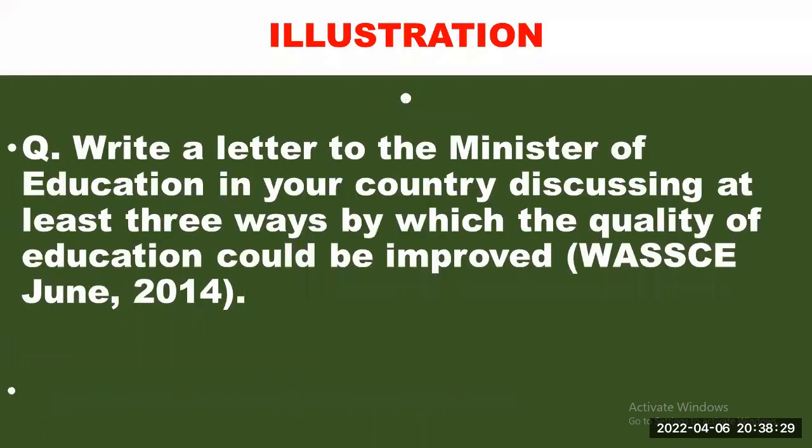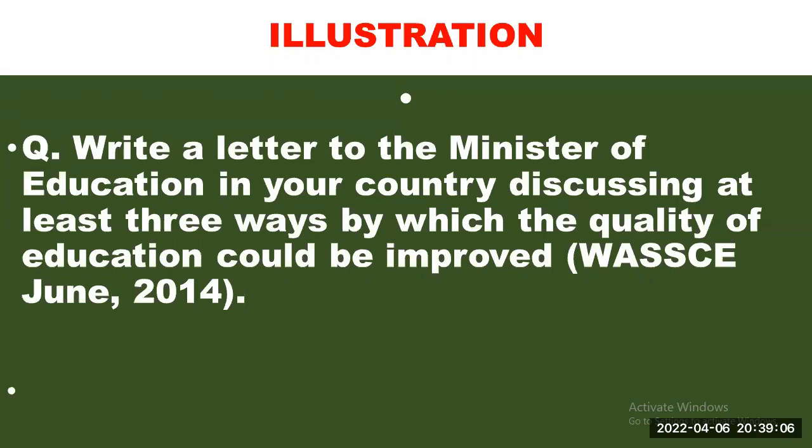So let's look at it, but we have to illustrate with a past question. Now, the question is as follows: write a letter to the Minister of Education in your country discussing at least 3 ways by which the quality of education could be improved.